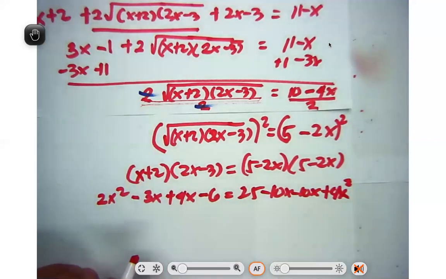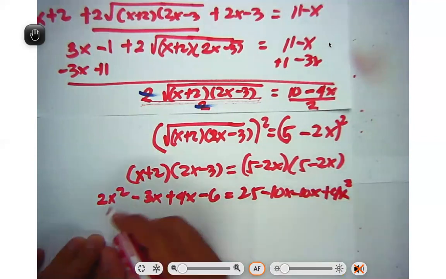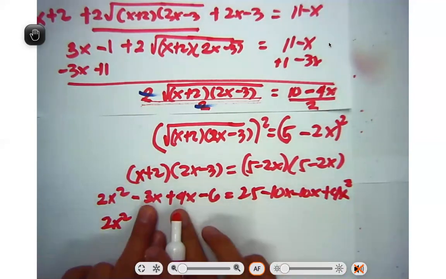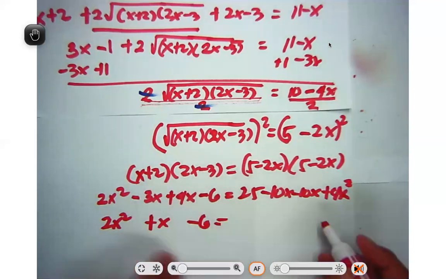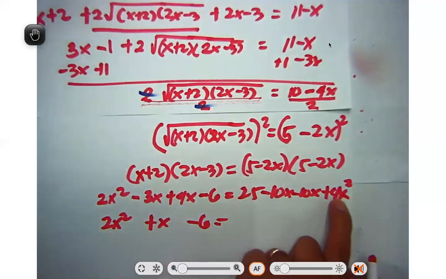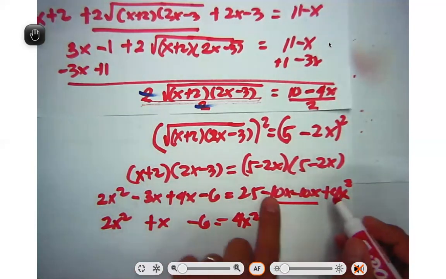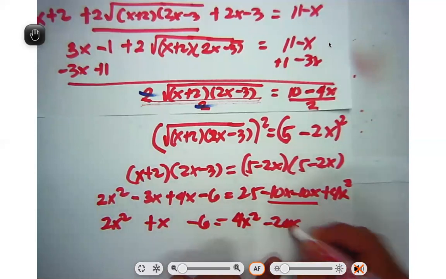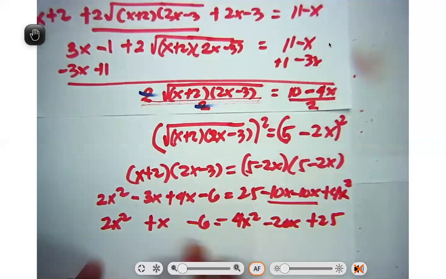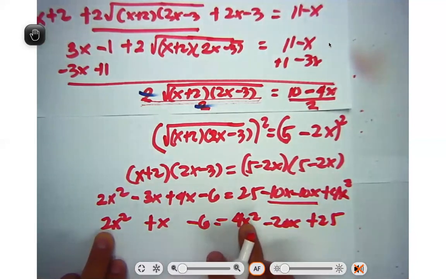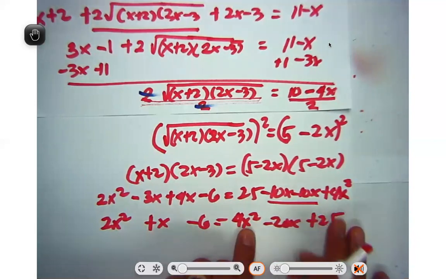Wow, so many terms to combine, all right? You have 2x squared, negative 3x plus 4x is positive x, minus 6. Then on the other side, 4x squared, negative 10x plus negative 10x, negative 20x, plus 25. 4x squared is bigger, so let's take all the terms to the right, since we have a leading term that's bigger.